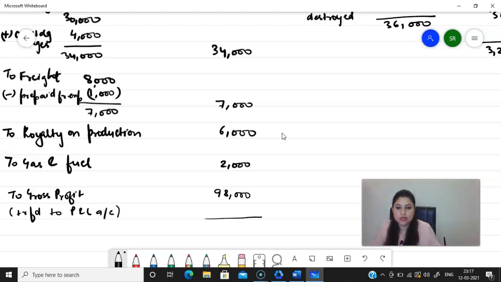And this also will give us the total of 3,20,000. So this is the trading account that we have to maintain.